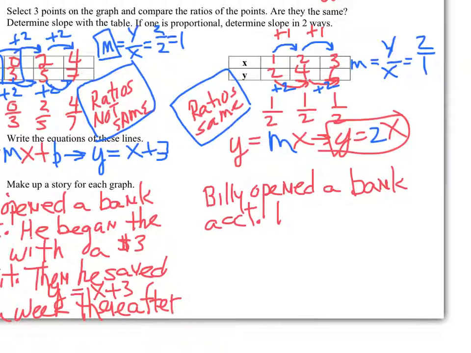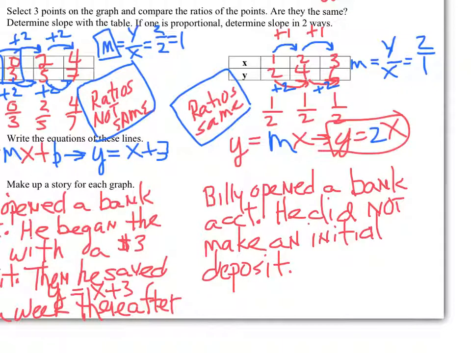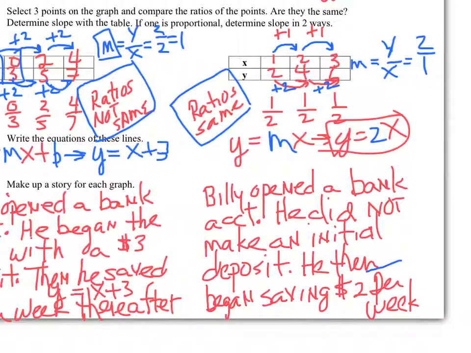And he did not make an initial deposit, which means that this story begins at 0, so the y-intercept is 0. He then began saving at $2 per week. And you should recognize this per as making a ratio of 2 over 1, which is our slope or rate.